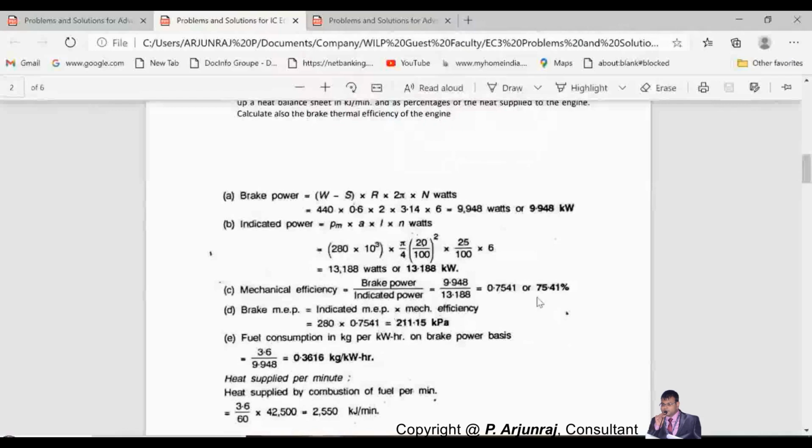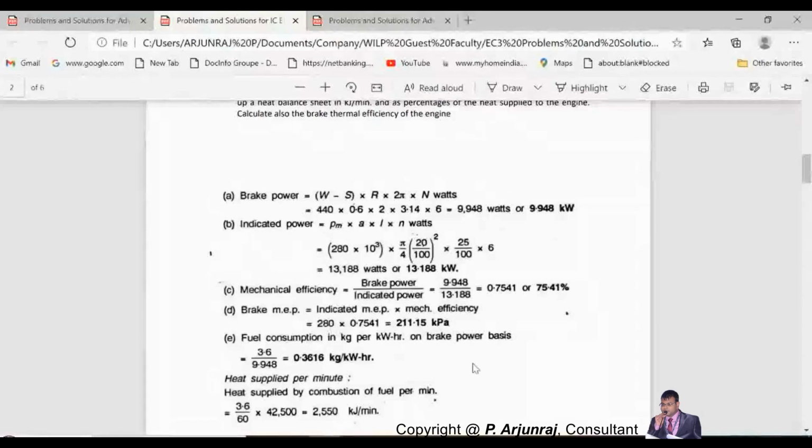You know the mechanical efficiency is 75.4 percent, and in terms of a fraction it is 0.75. And the indicated value is 280. When you get this, you get it in kilopascal, since 280 is also in kilopascal.